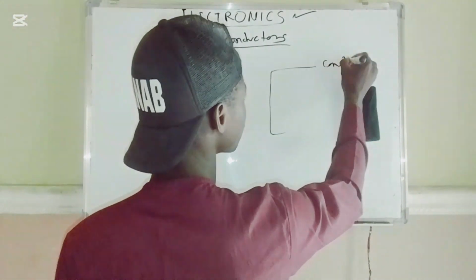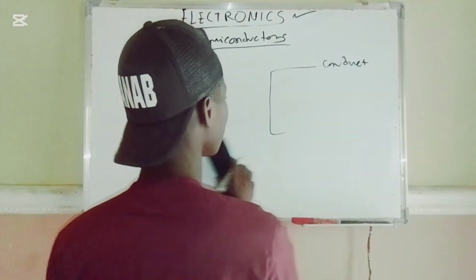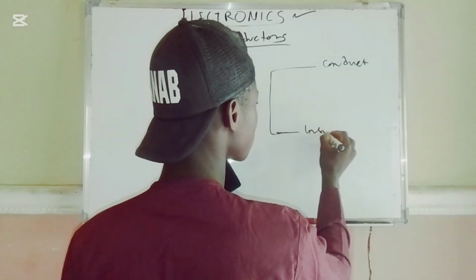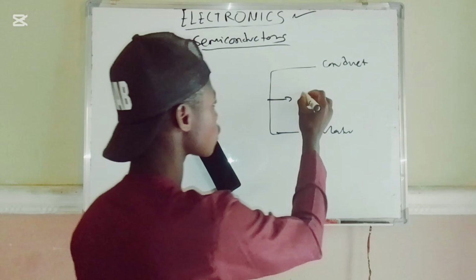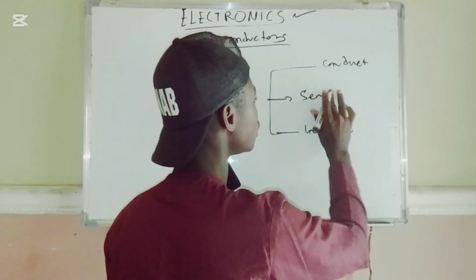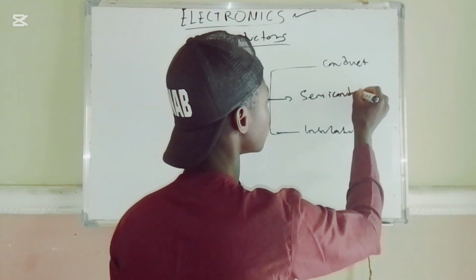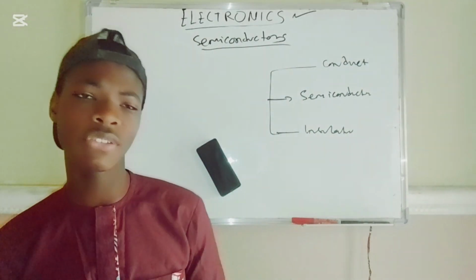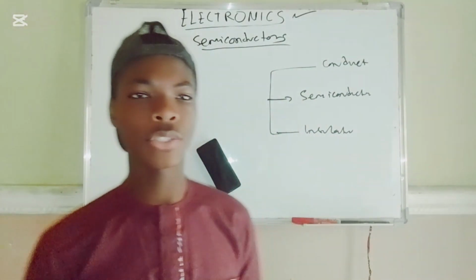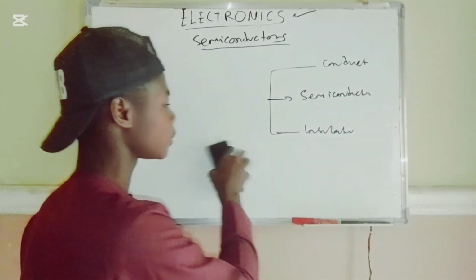First I have the conductor, and then I have the insulator. So a semiconductor is between the conductor and the insulator.